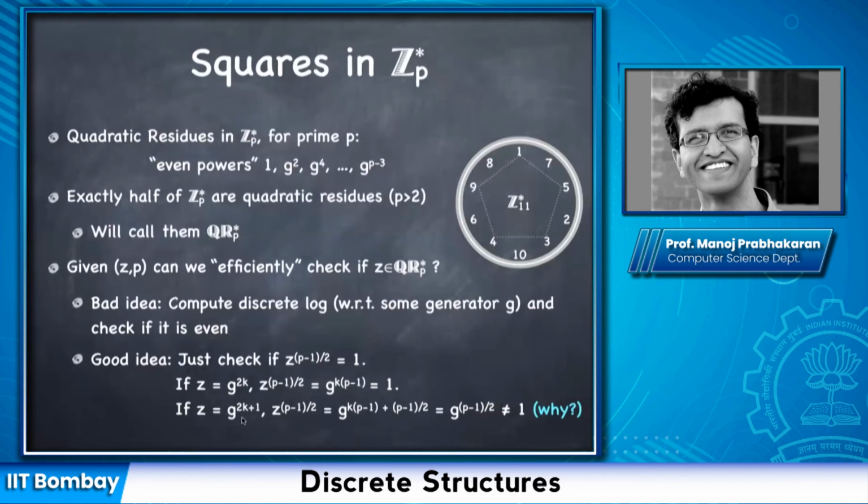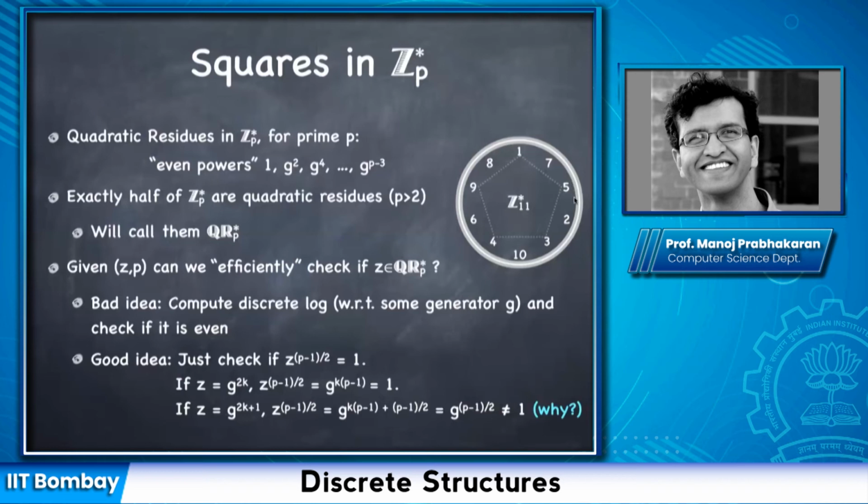So in this case, z to the p minus 1 over 2, by substituting z as g to the 2k plus 1, is what I get. I'll still get the 2k part giving me a k times p minus 1. Plus, I'll be left with this, right? So this part, g to the k times p minus 1, goes to 1. So I'm left with g to the p minus 1 over 2, okay?